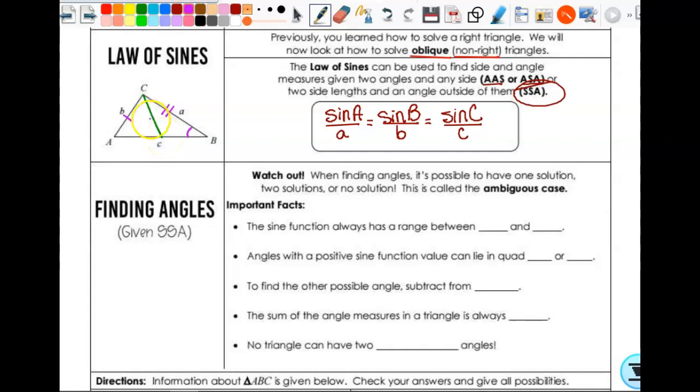This would be the same side, CA, still that same length. And instead of this big triangle, my triangle would look like this green one, where I still have the same two side lengths and the same angle, but clearly these two angles and this side length are completely different.